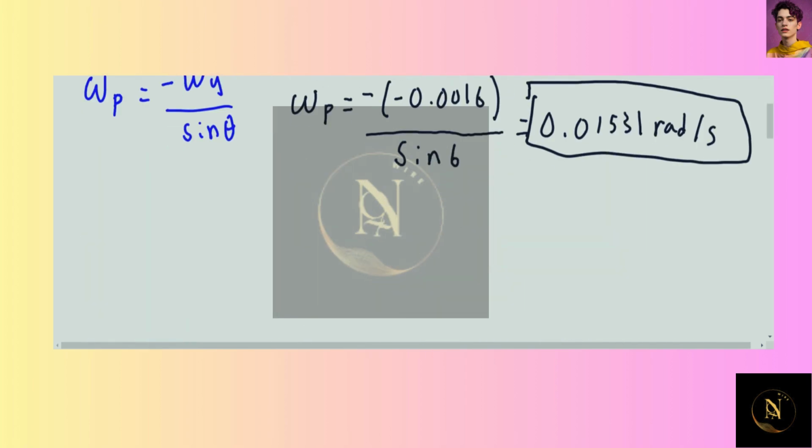To write that out, we're going to say that the x component of the angular velocity is equal to the rate of spin plus the x component of the rate of precession. We're going to solve this for the rate of spin, since that's the value that we're interested in.